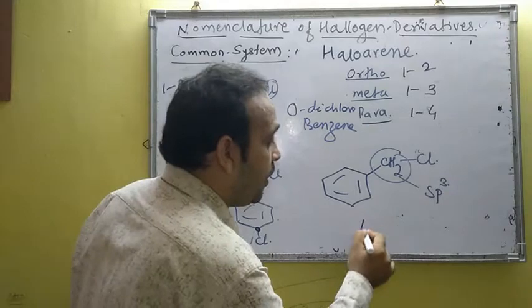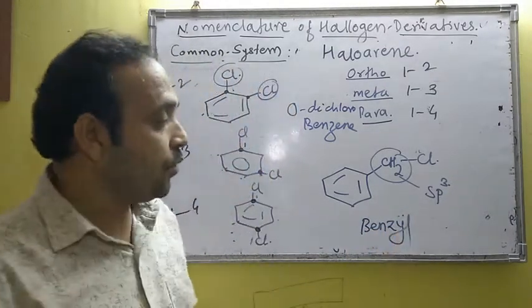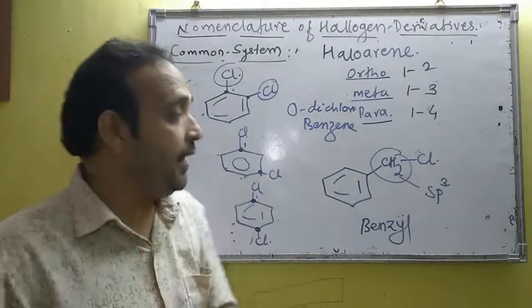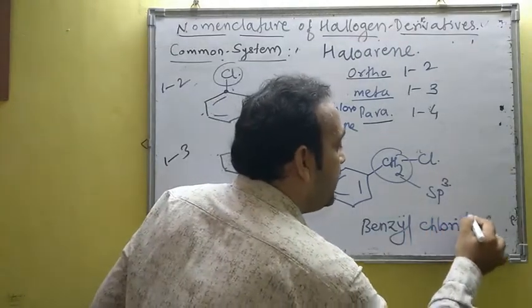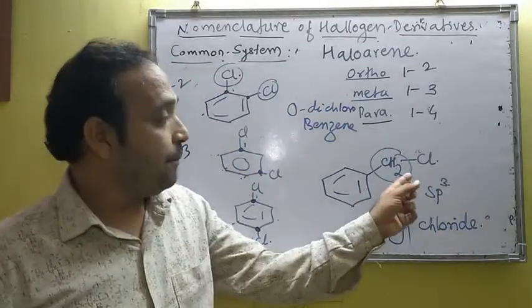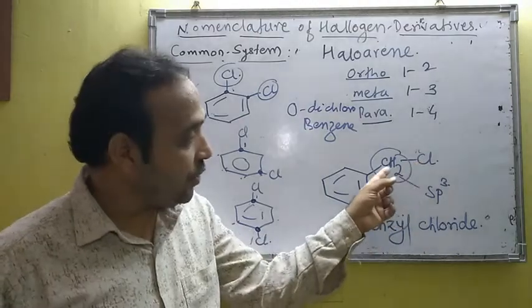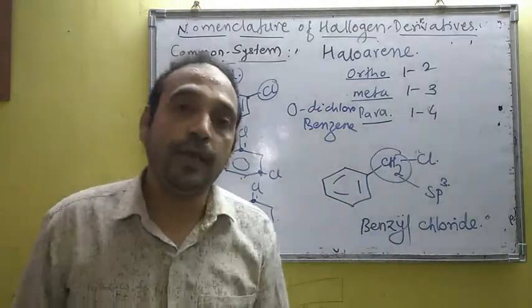In our classification we studied what group this is called: benzyl group. And Cl means chloride. So the name of this compound is benzyl chloride. The halogen group is attached to an sp3 carbon which is directly bonded to an aromatic compound.